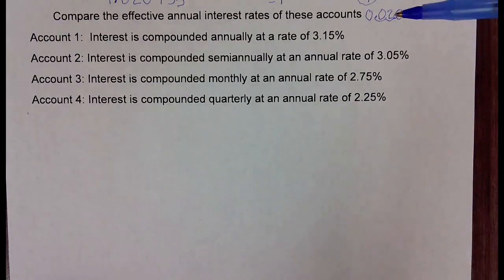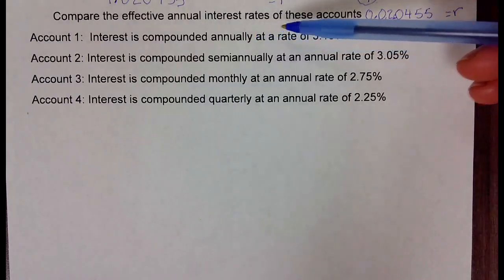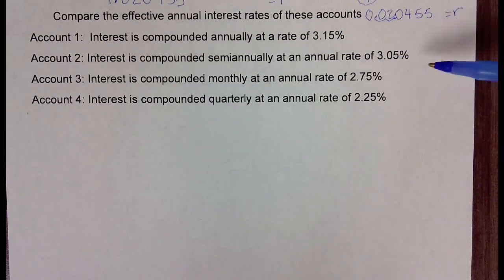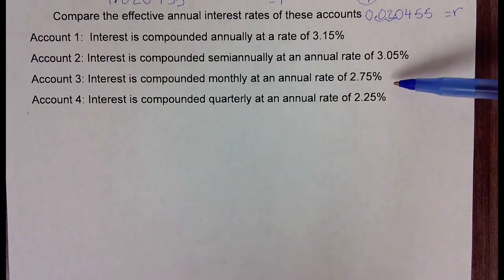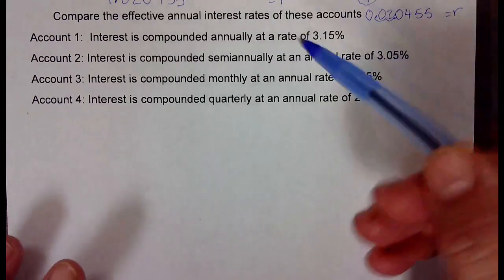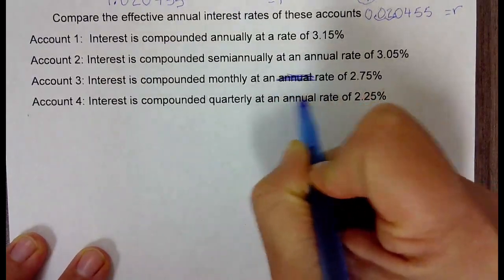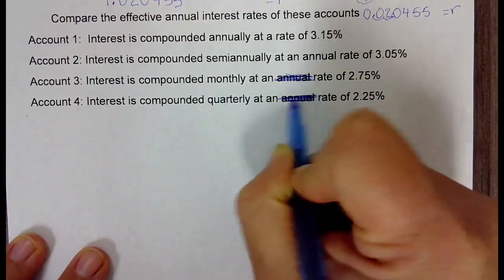Account 1 is compounded annually at a rate of 3.15%. Account 2 is compounded semi-annually at a rate of 3.05%. Account 3 is compounded monthly at a rate, this is the compounding rate, I'm sorry.